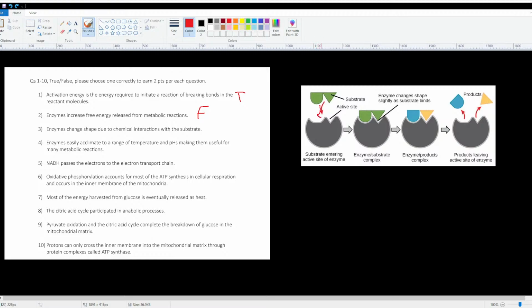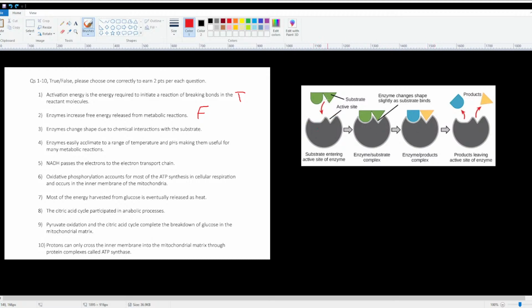We could see that as the substrate enters through here, the shape of the enzyme is actually changing in accordance with the substrate. And then once the products leave and the enzyme has completed its chemistry, right? It's completed what it's got to do. Then we could see that it actually goes back to normal, right? So that's what's going on here.